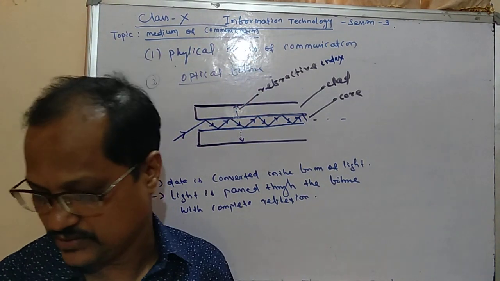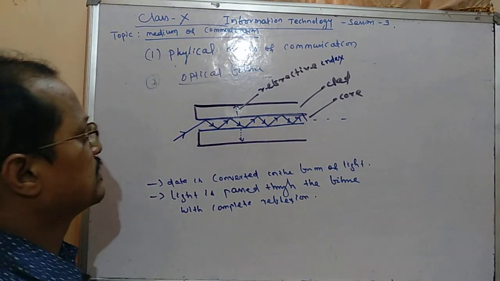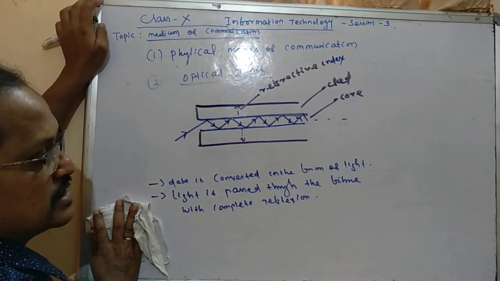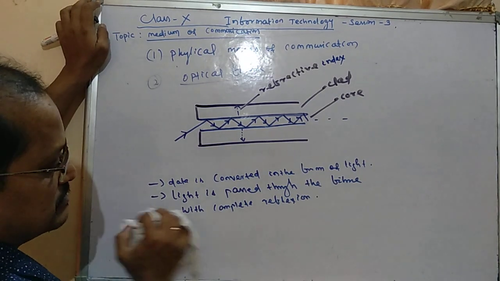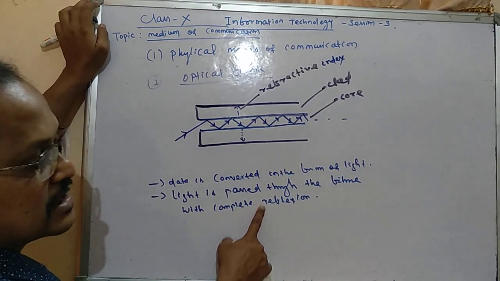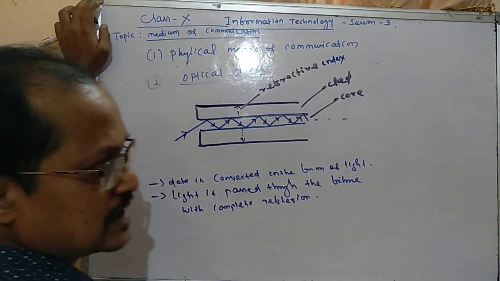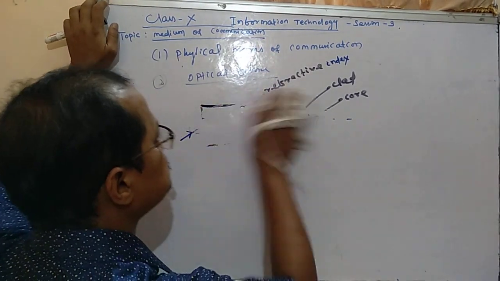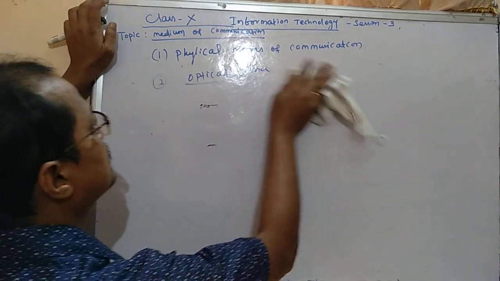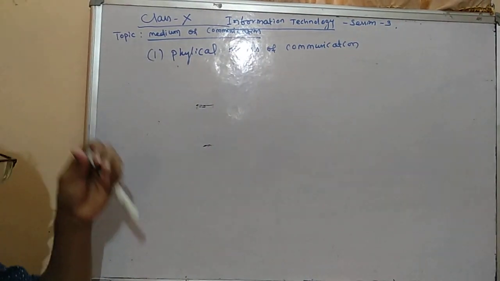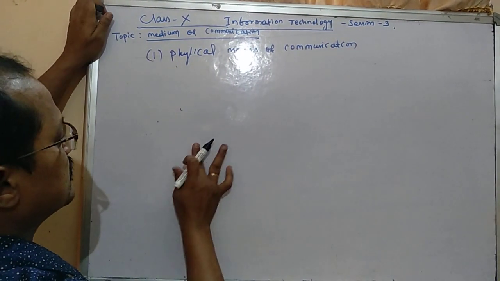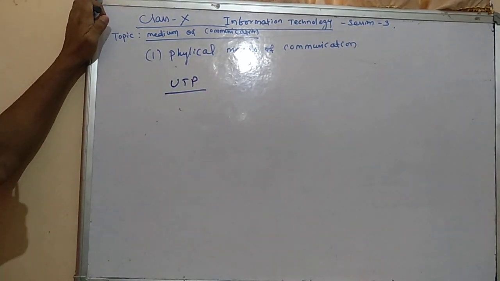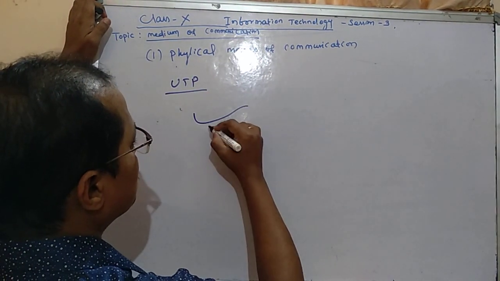Next, after optical fiber, we go for UTP and coaxial cables. I am giving very brief notes; just write them in your copy and practice over them. UTP is generally unshielded twisted pair.